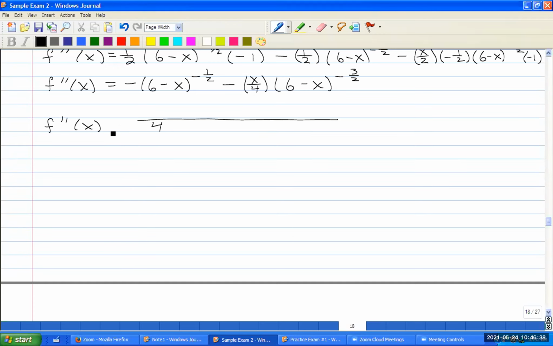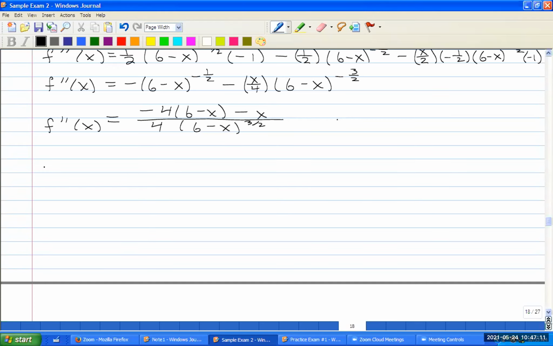I'll multiply and divide this first term by 4 times 6 minus x. And well, the only thing remaining for this part is just x.